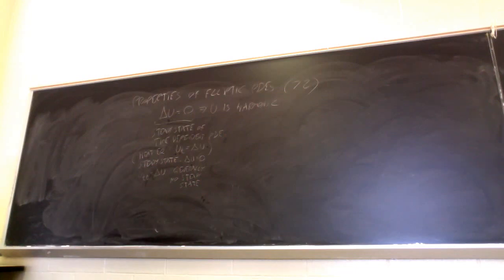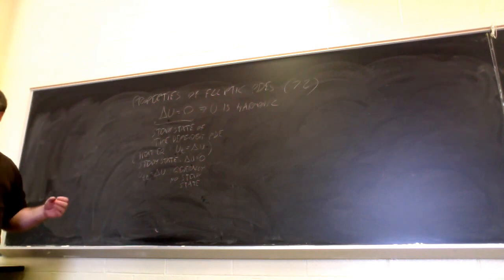I say generally because I wanted to allow for the possibility that certain initial data might lead to one. Then again, if you have non-zero initial data, like u of x, 0 equal to f of x, you're always going to have f of x propagating, if you think in terms of D'Alembert's solution.